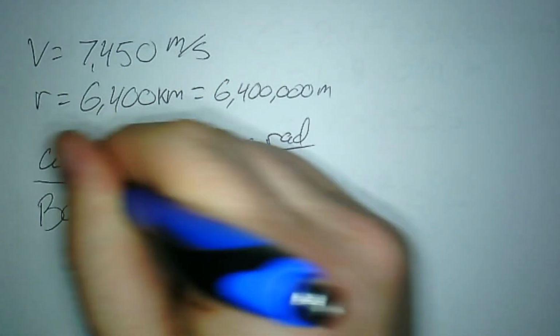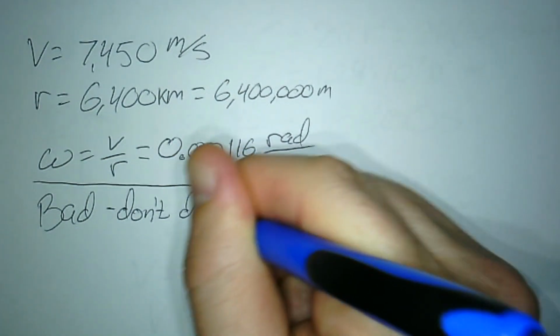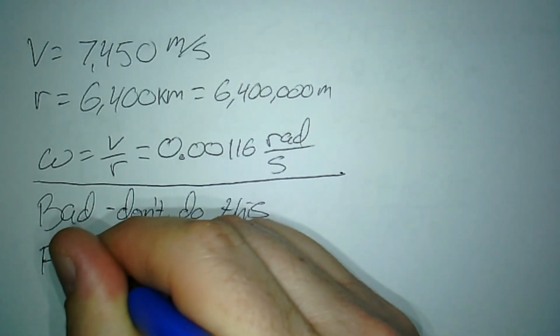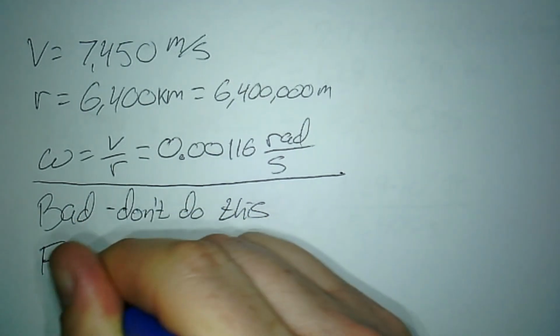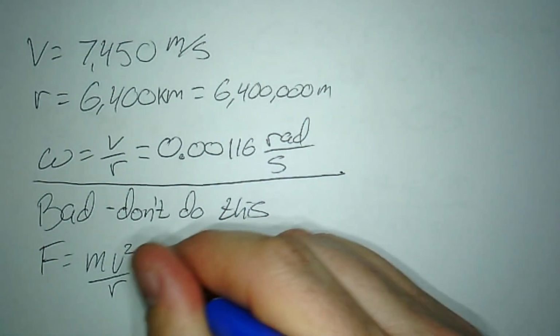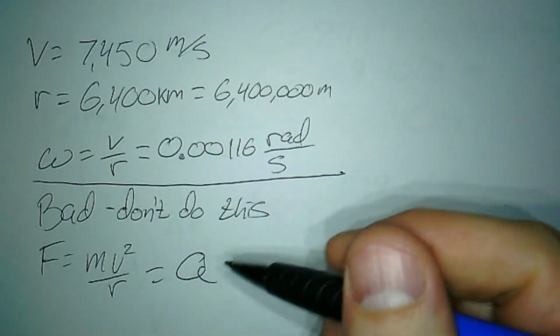Don't do this. You might do something like F equals mv squared over r, right? Which is what we've done for circular motion problems before. But this gets you a, right? It gets you your acceleration towards the center.